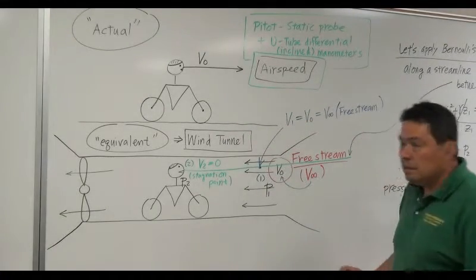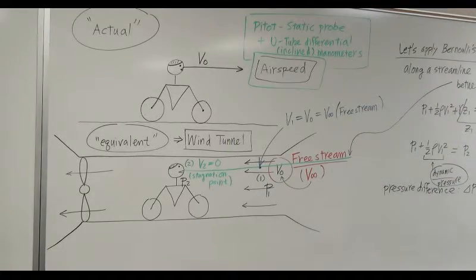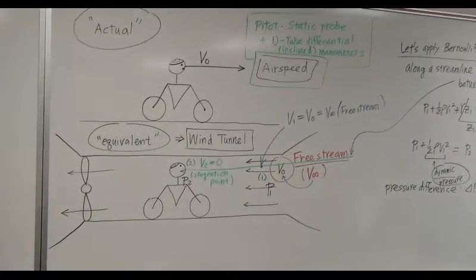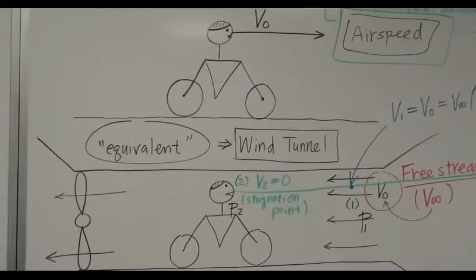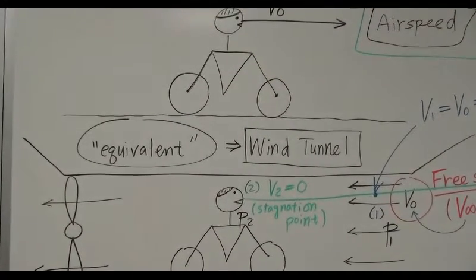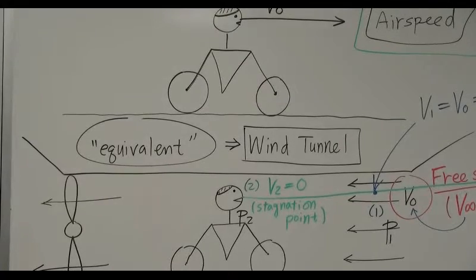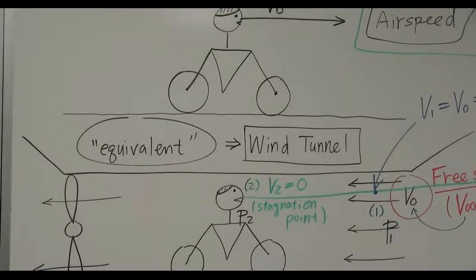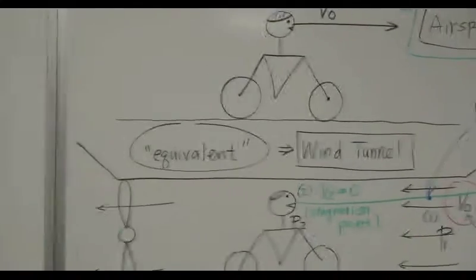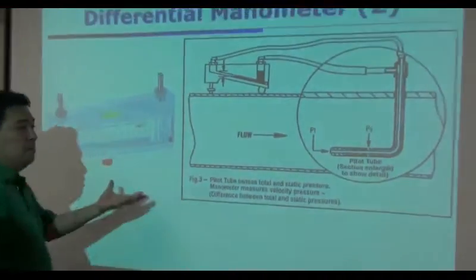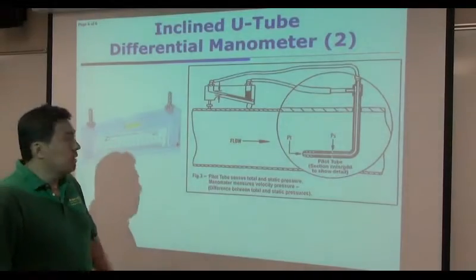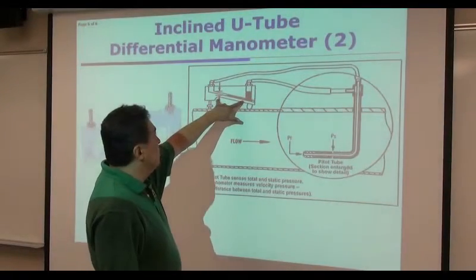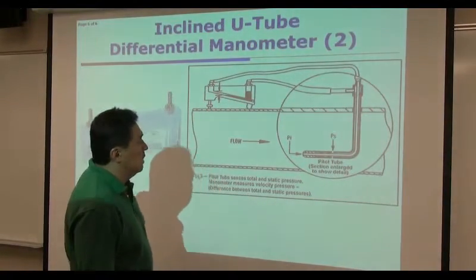Okay? Maybe just to show you a page from Unit B3. So this is the Pitot-Static probe. We looked at it in Unit B3, combined with an inclined U-tube differential manometer. Okay.